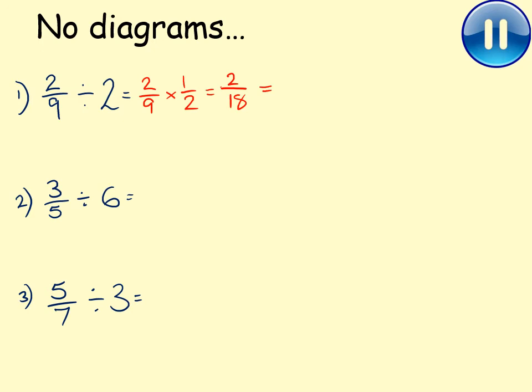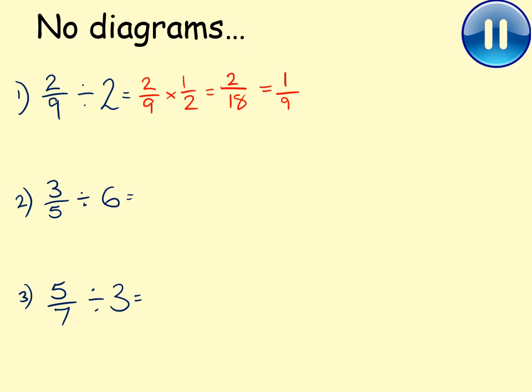So give yourself a tick if you've got 2/18, but let's just simplify it and see what our final answer is, because that was one of our success criteria. What's the common factor between 2 and 18? 2. 2 goes into 2 once, and 2 goes into 18 9 times. Can't simplify any further than that. So your answer is 1/9.